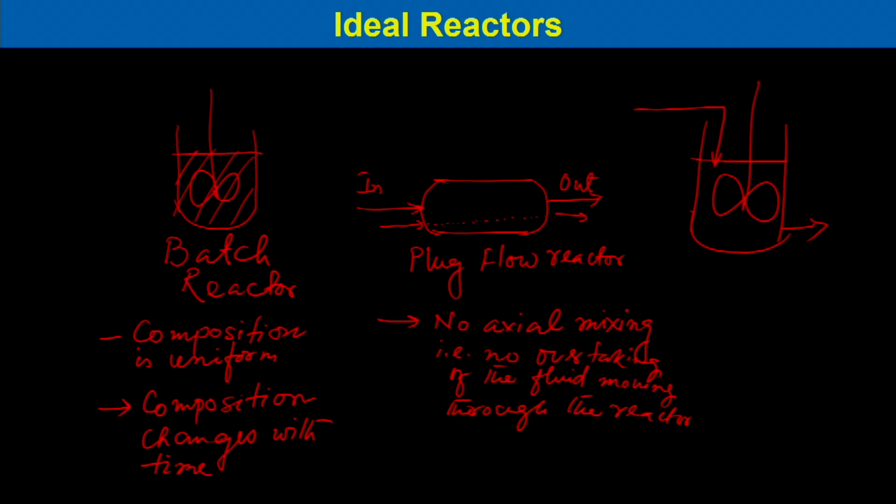So, raw materials or the reactants go into the reactor, are mixed with an impeller, and then you have an output. So, both of these are flow reactors. This is in and this is out.